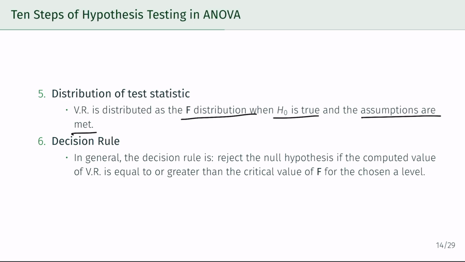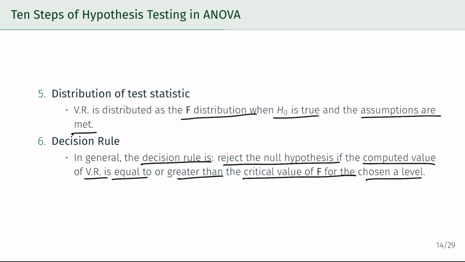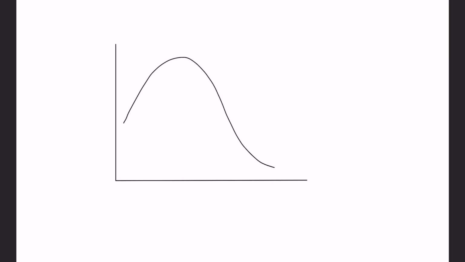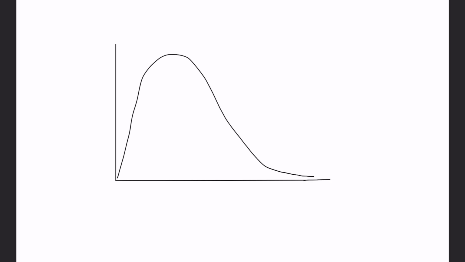In general, the decision rule is to reject the null hypothesis if the computed value of the variance ratio is equal to or greater than the critical value of the F distribution chosen. So let's say we have the F distribution here. Let me draw this a little more clearly. The reason again we use the F distribution, guys, is to remember that this is a ratio. Ratios are never less than 0.